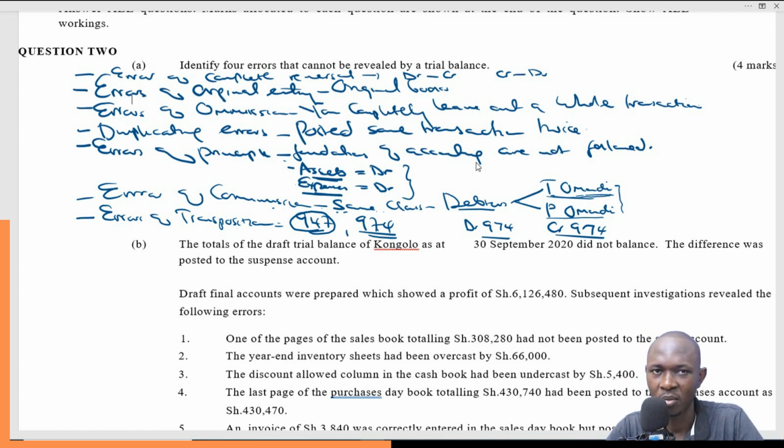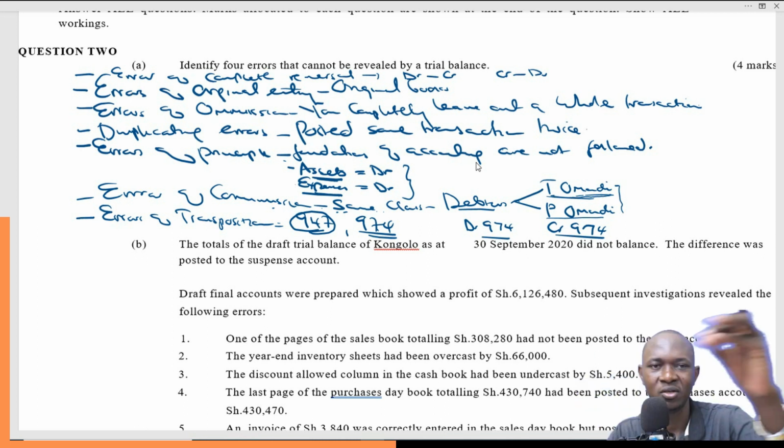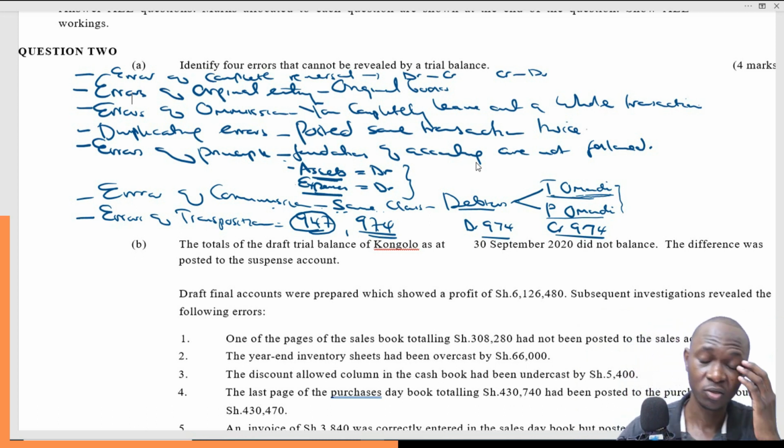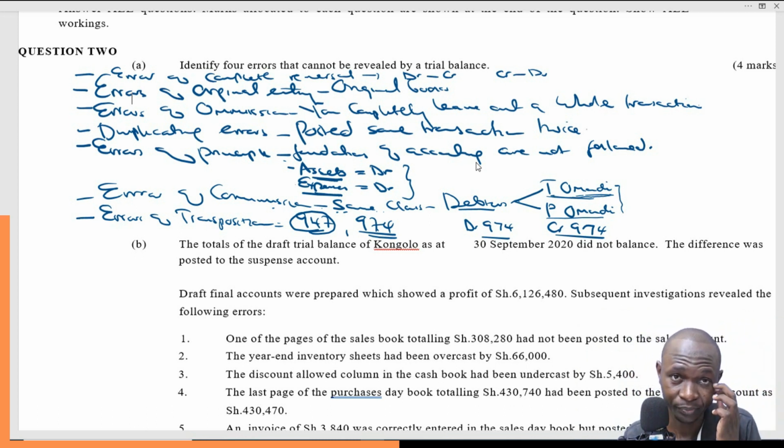They are wrong. But since we are testing on the agreement of the debit and credit sides, they will agree because you've completely reversed the two. So the trial balance will not be able to detect that error.